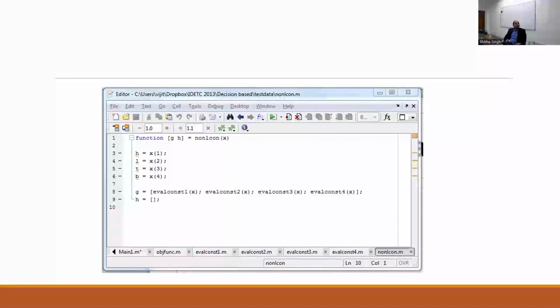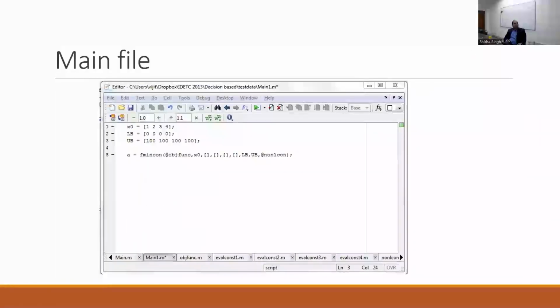Okay. And then H is nothing because there are no equality constraints. And MATLAB understands this. So in the main file, if you look at the very end, you say nonlcon. That's just the format of how fmincon works. fmincon takes your objective function, so you give the file name of the objective function, which should be a function that accepts the x value and returns the objective function value.